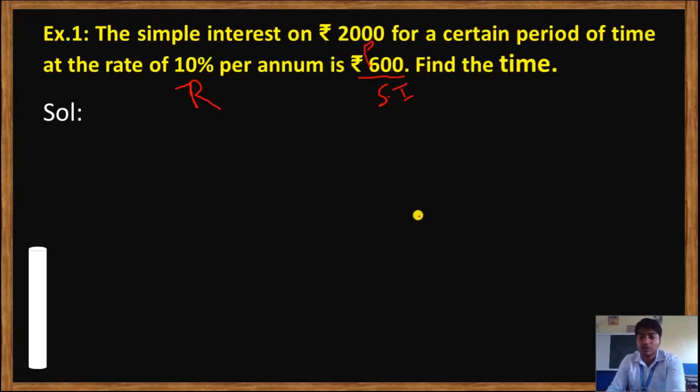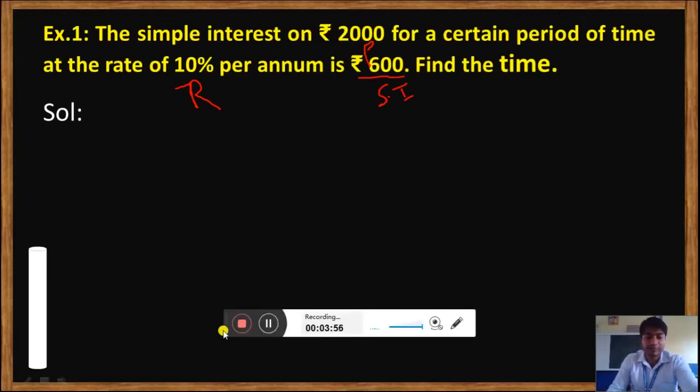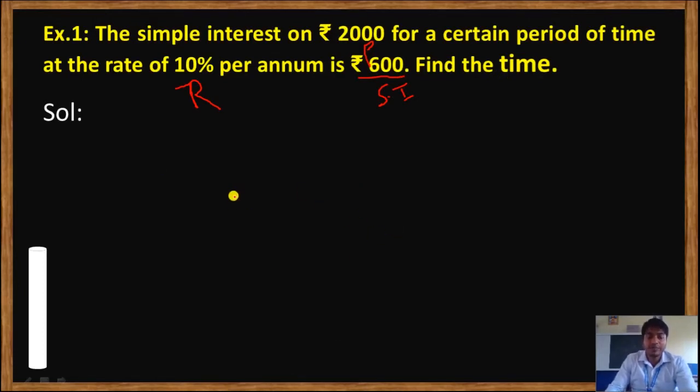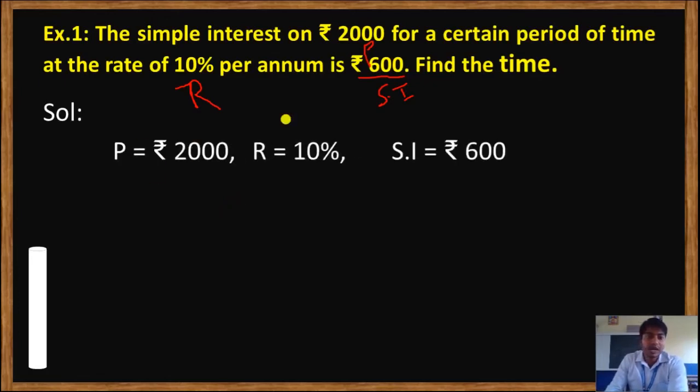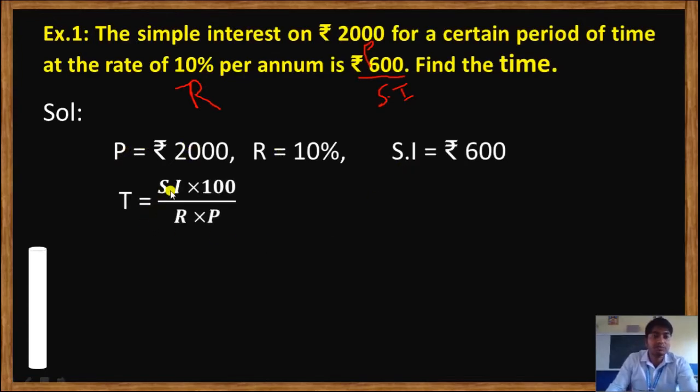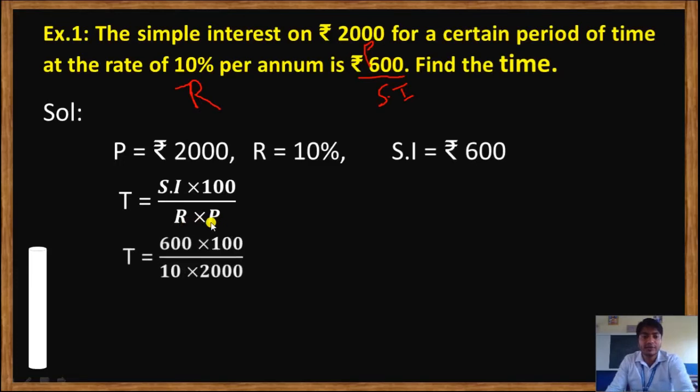Now we have to find time. What is the formula to find time? Here we are given principal, rate and simple interest, so time equals simple interest into 100 by rate into principal. Now use the values: simple interest is 600 into 100, by rate 10 into principal 2000.